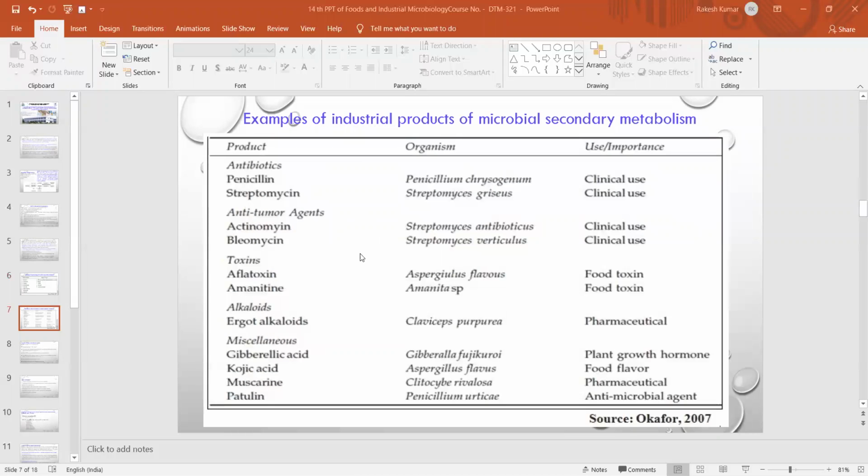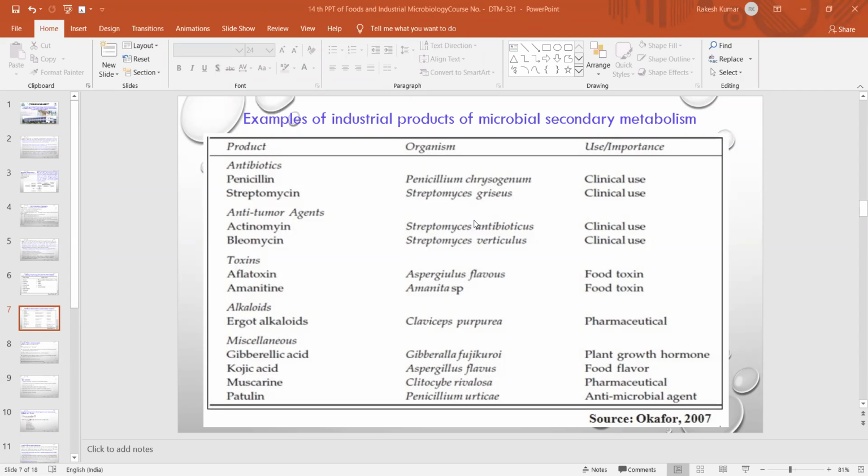So here in this table, I have given some examples of industrial products of microbial secondary metabolism. Just by going through this, you can see what the product is, what type of microorganism is involved in producing a particular type of product, and where that product can be utilized.